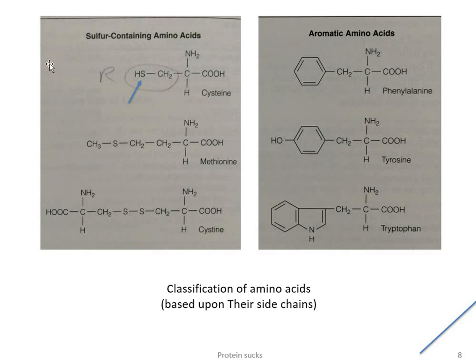When somebody leave the egg too long outside, the egg can develop rotten phenomenon and yielding the hydrogen sulfide from the breakdown of these amino acids. Very bad odor. And then we have aromatic amino acids like phenylalanine, tyrosine, and tryptophan.